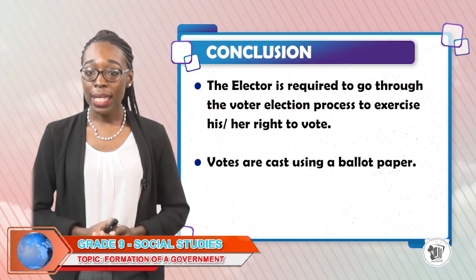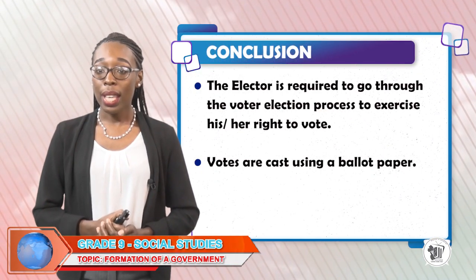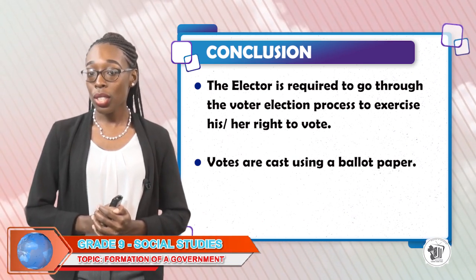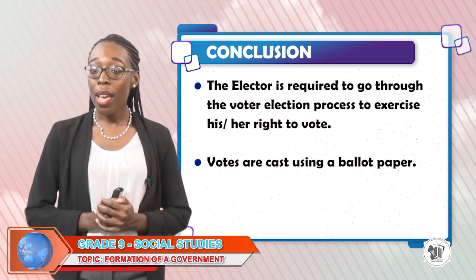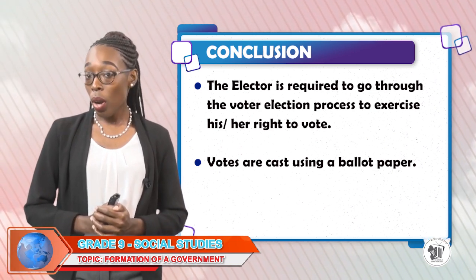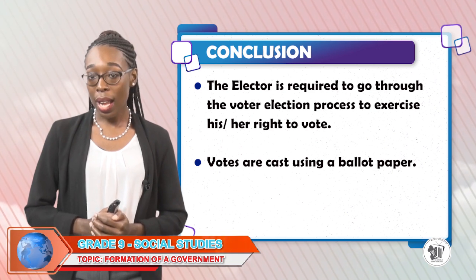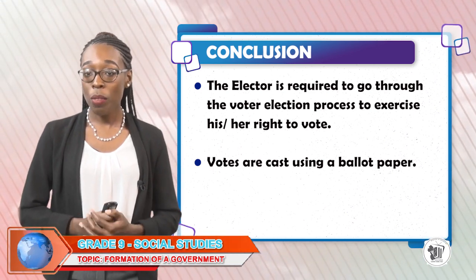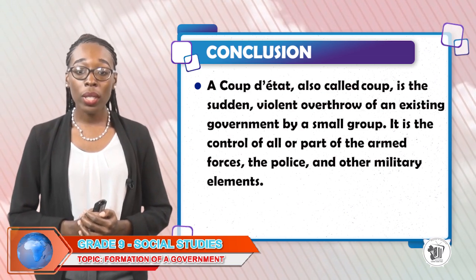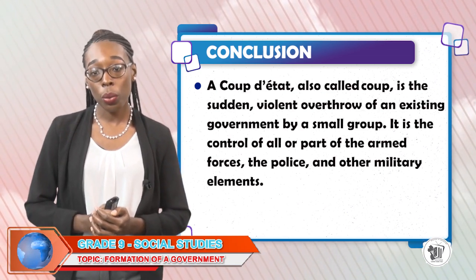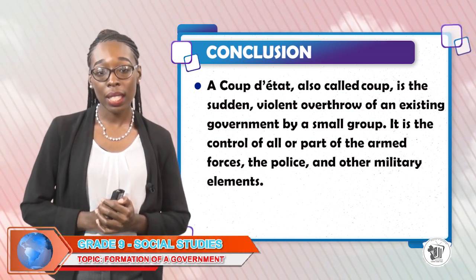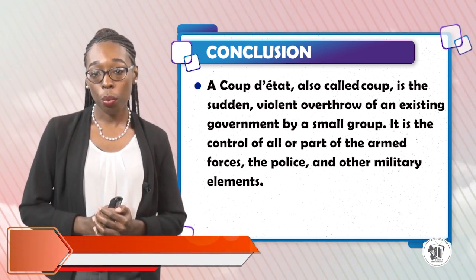So let's sum up today's lesson. We learned that the elector is required to go through the voter election process to exercise his or her democratic right to vote. We also learned that votes are cast using a ballot that is provided by the Guyana Elections Commission. A coup d'etat, also known as a coup, is the sudden violent overthrow of an existing government by a small group.